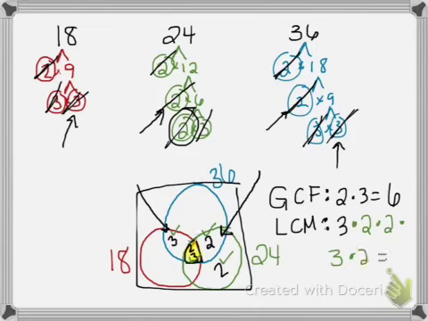So 3 times 2 is 6, times 2 is 12, times 3 is 36, times 2 is 72. And there is our answer. I hope that helps with your homework.